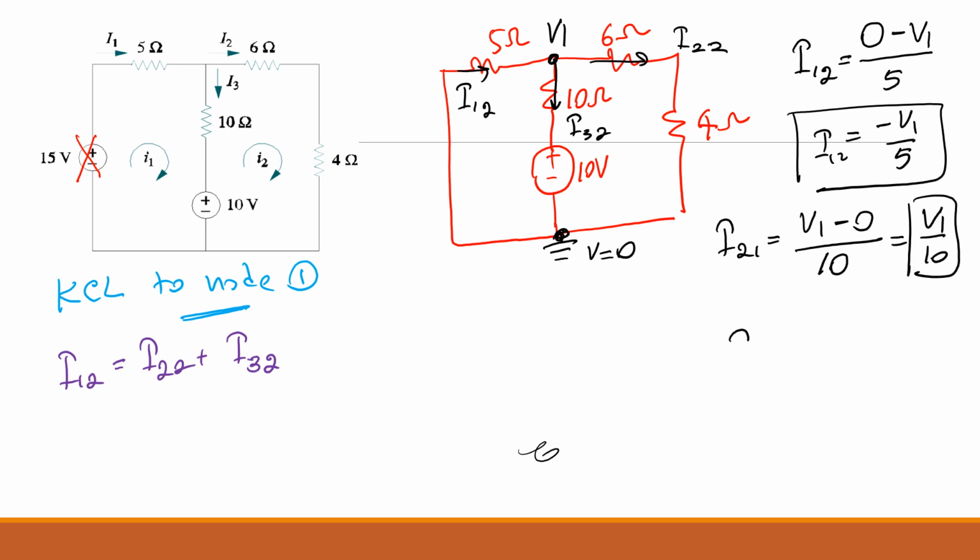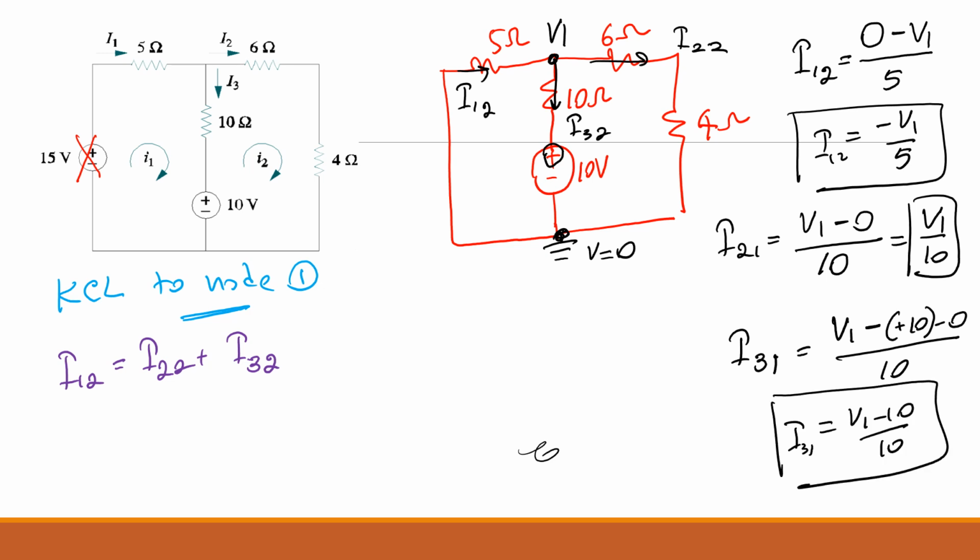And what will be I32, starting from V1 and going to minus plus 10, isn't it? Current is going into the positive side, so it is plus 10, minus 0 divided by 10, and this will be V1 minus 10 over 10. Am I right? So these are the three currents, and you can now put the currents in the KCL equation and find V1. Can you do that for me, please?